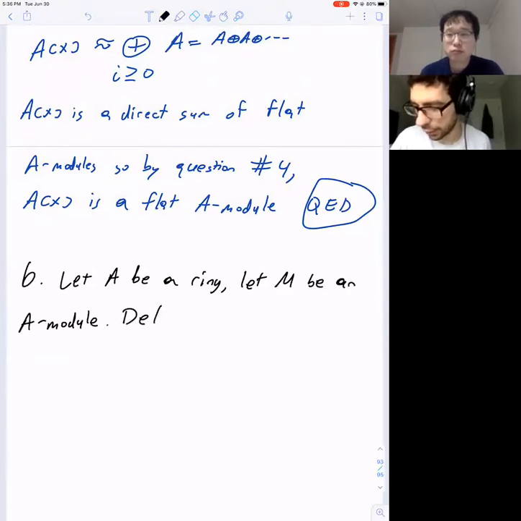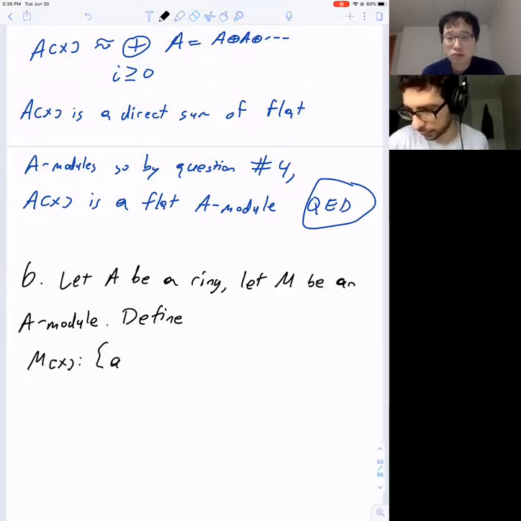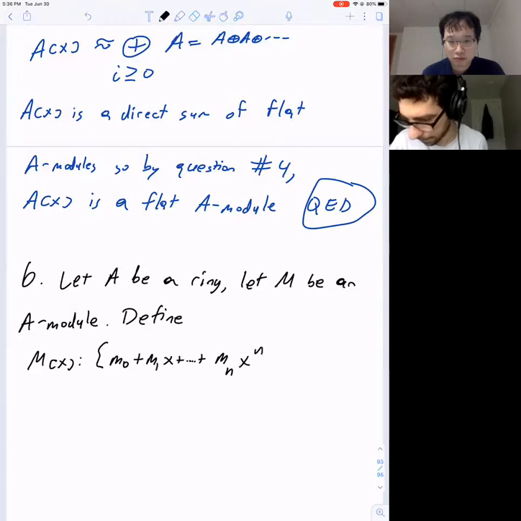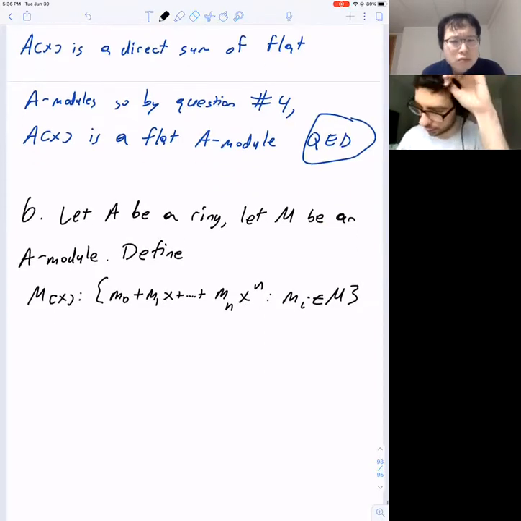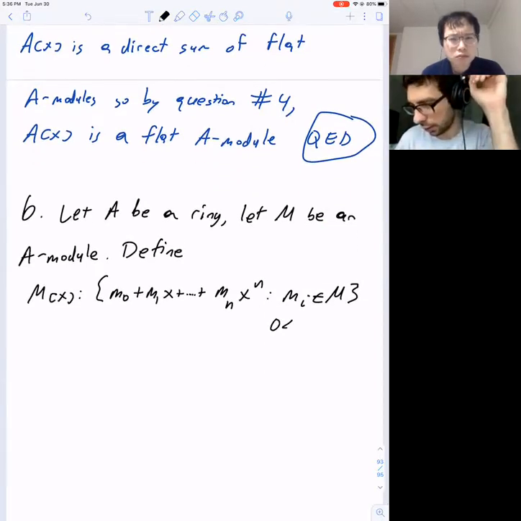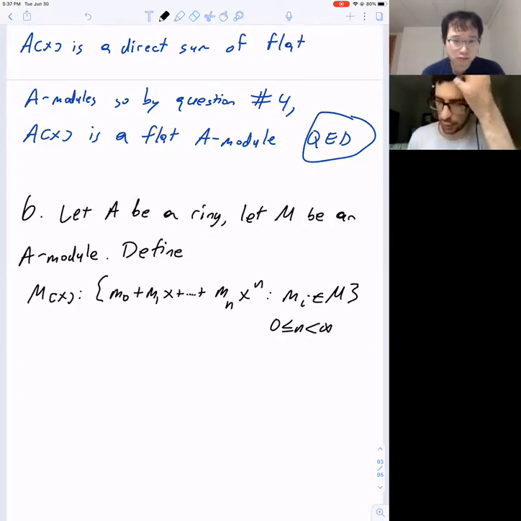I will define M bracket X to be the set of polynomials with coefficients in the module M, where N is a non-negative integer.